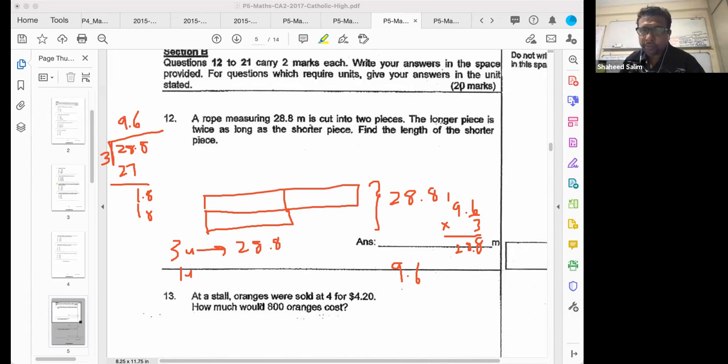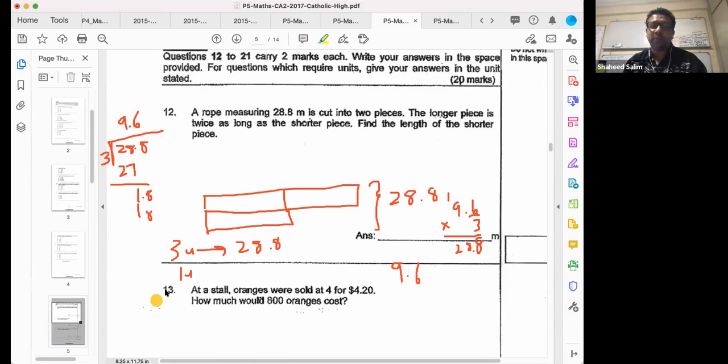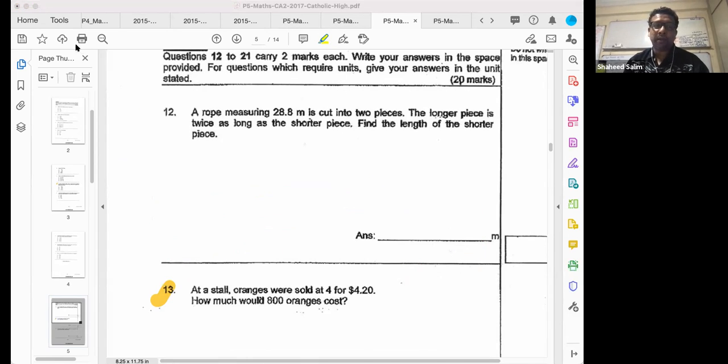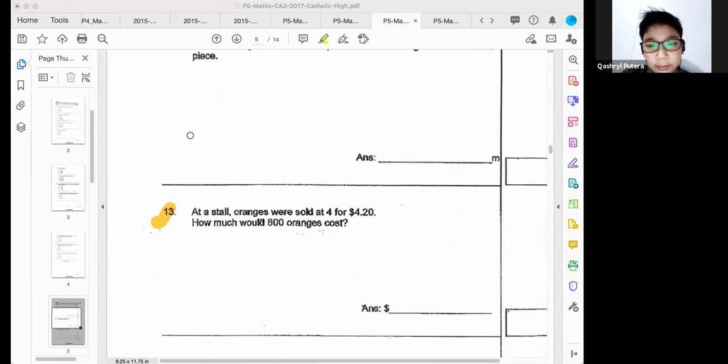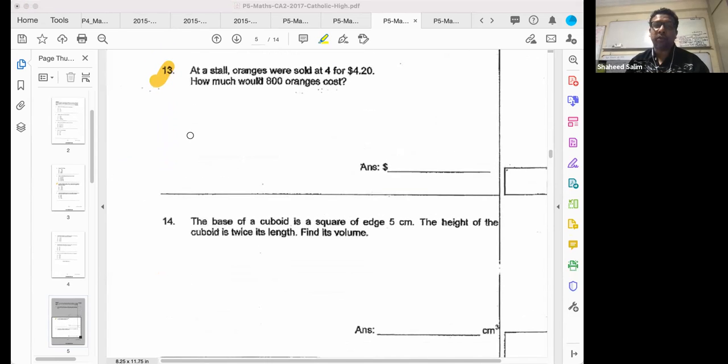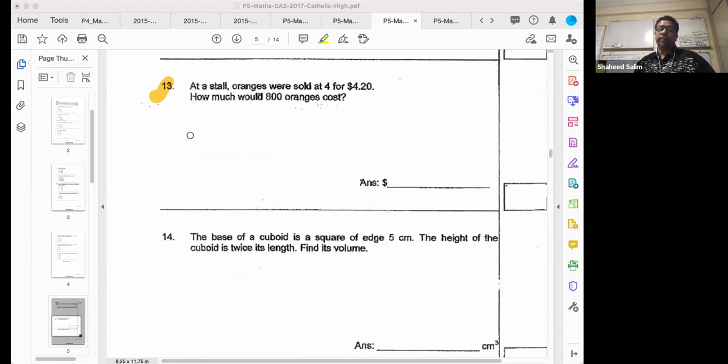Congratulations to Miss Putri. She has gotten an answer very quickly. Question number 13. Okay, I'll just erase the thing. Putri is now the fastest student. Okay, don't do 14, Putri. You can do 14, but the rest don't do 14.